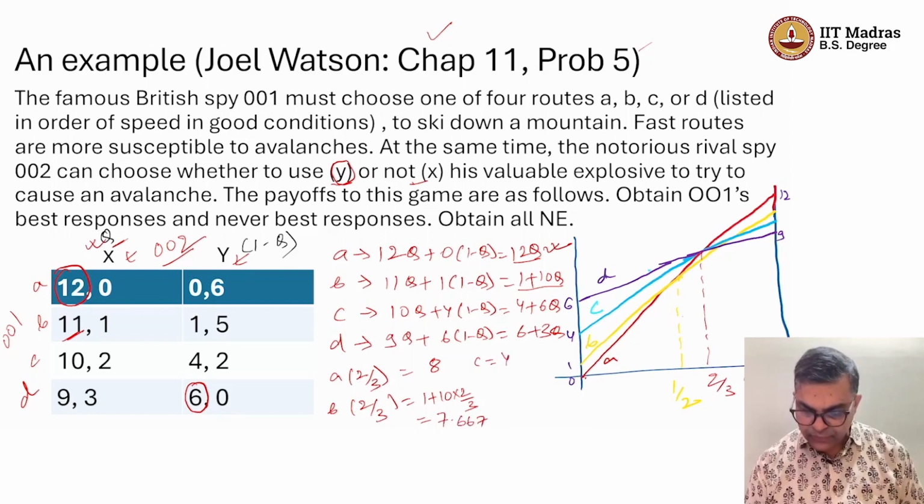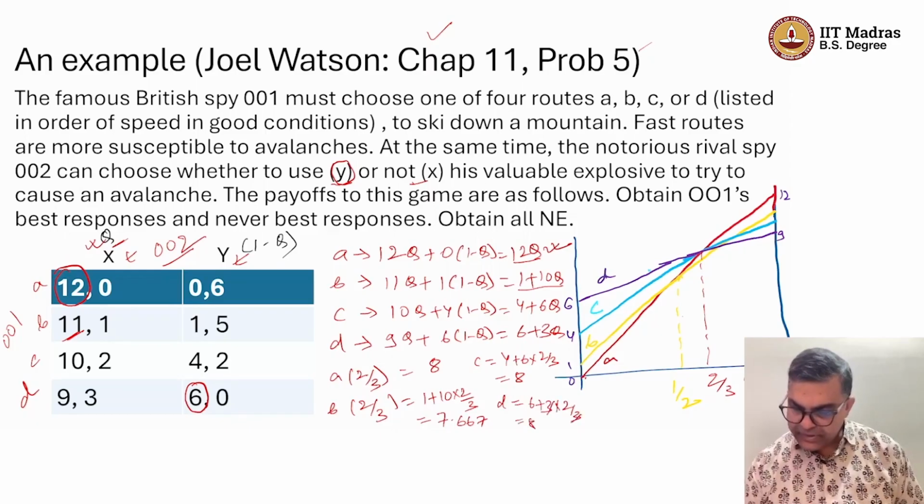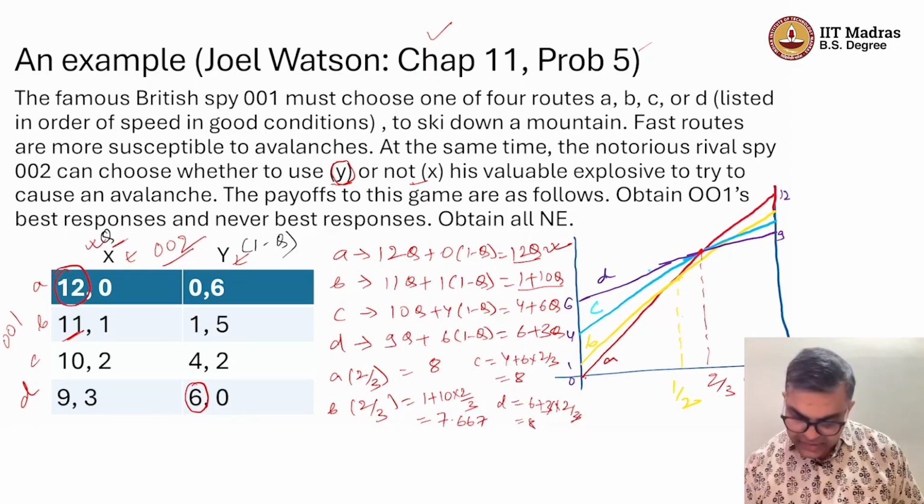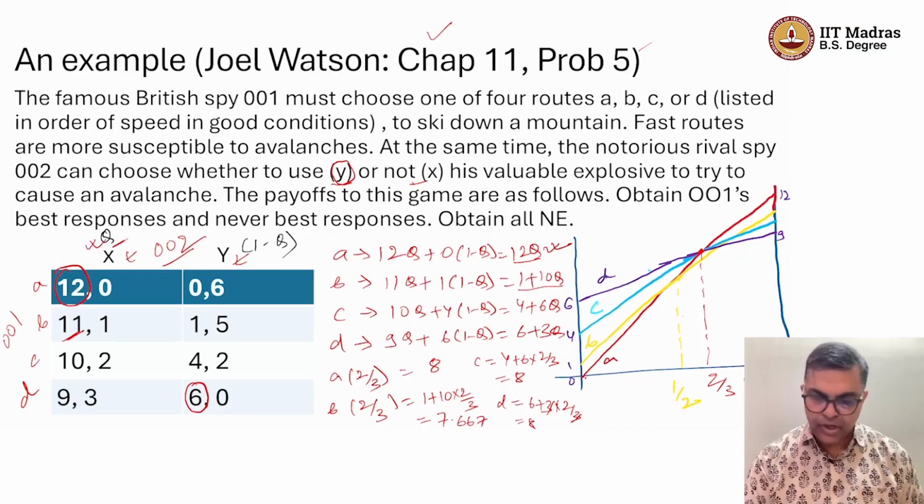C, you get 4 plus 6 multiplied by 2 by 3, this is also 8, and D will also give you 8. So A, B, C, D, except B, they all cross at this 2 by 3 point.